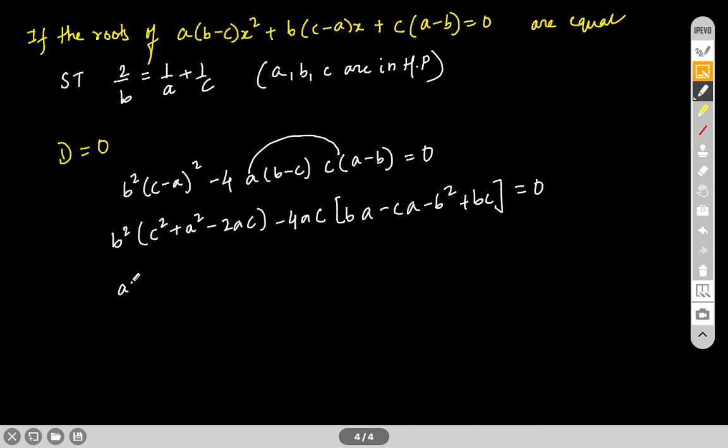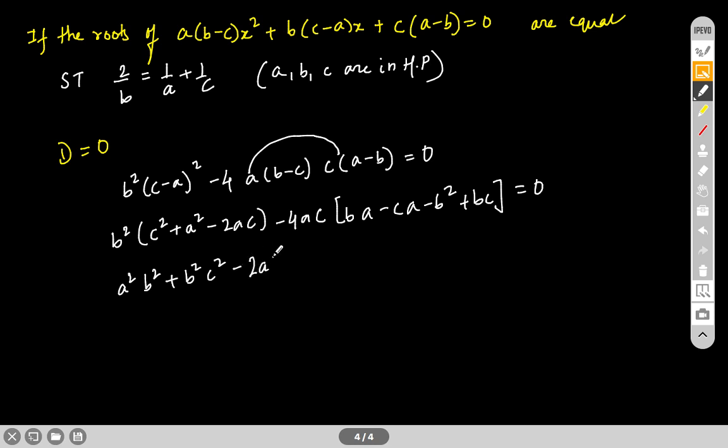Yeah. So if you expand it, you get a square b square, b square c square. Will some terms get cancelled? Just check it out. Minus 2a b square c square. I'll write it down.